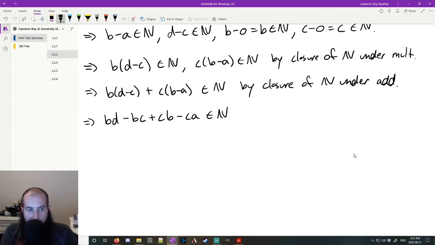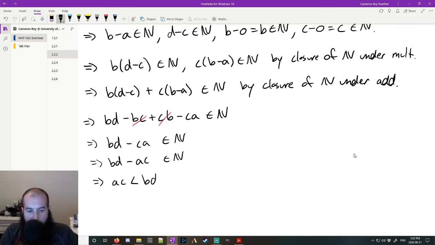BC and CB cancel out. So this means BD minus CA is natural, which I'm going to write as BD minus AC, just using commutativity. And this means that AC is less than BD by definition, as desired.